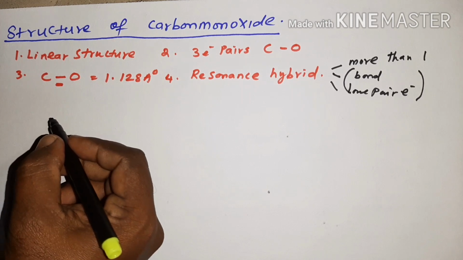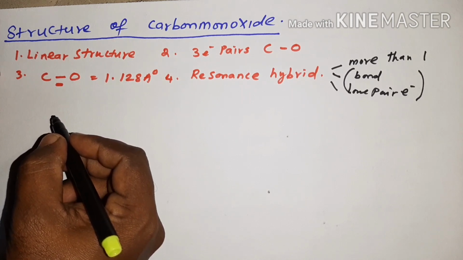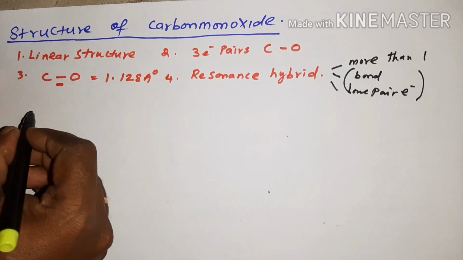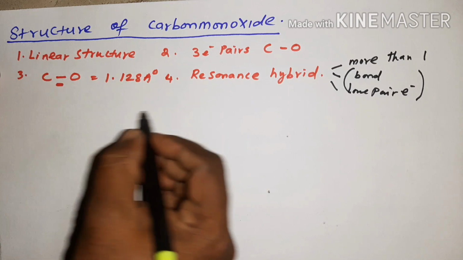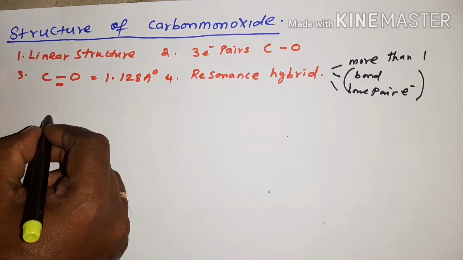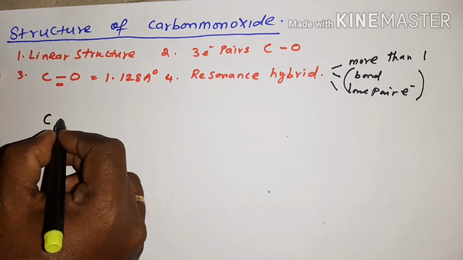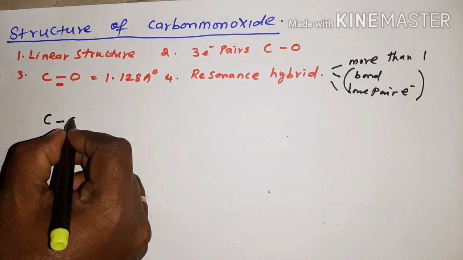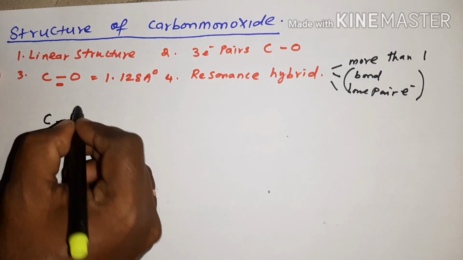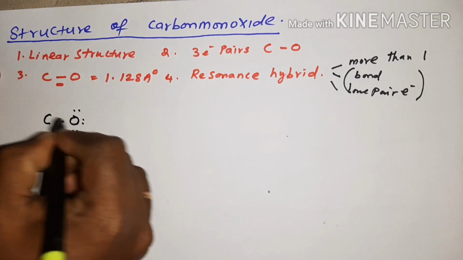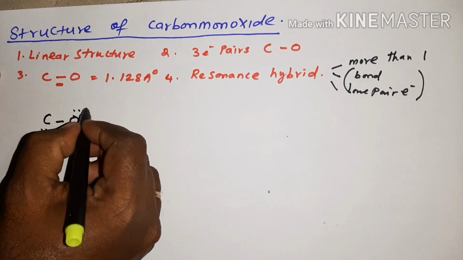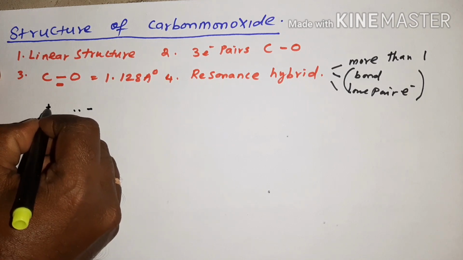So for the exam, if the question comes, write the structure of carbon monoxide. You just write the 4 points, and finally the important thing is you have to write the structures. The first structure is carbon, then draw one single bond, oxygen. Then oxygen contains 3 lone pairs of electrons, and this carbon contains 1 lone pair of electrons. Here minus charge, here plus charge.